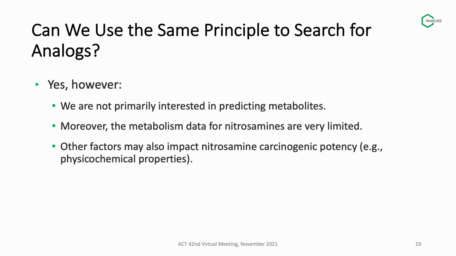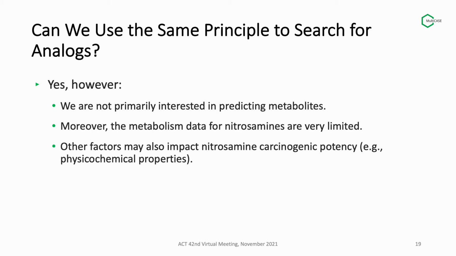The other problem is that the metabolism data for nitrosamines is very limited. When I searched our metabolism databases, I could not find experimental data telling me that a particular nitrosamine is undergoing alpha hydroxylation to give a particular metabolite. So that data cannot be used effectively in building computational approaches for predicting metabolites for nitrosamines.